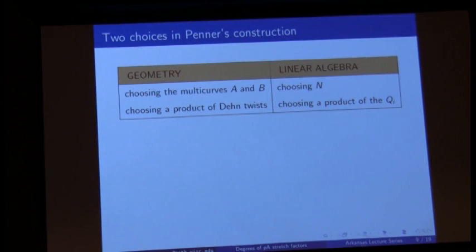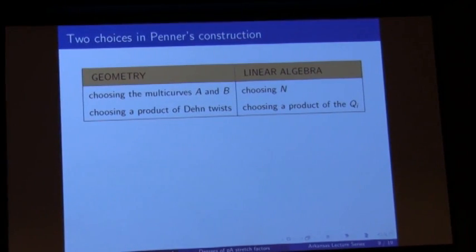So the idea is that just looking at one specific pseudo-Anosov, it's not easy to tell what the degree of that pseudo-Anosov is. So I'm going to look at a sequence of pseudo-Anosov maps and try to say what the asymptotic degree of this sequence is.